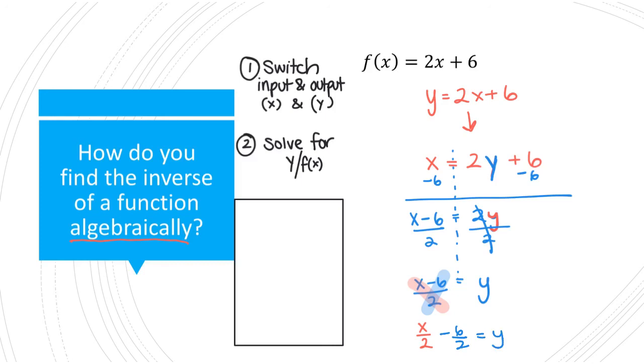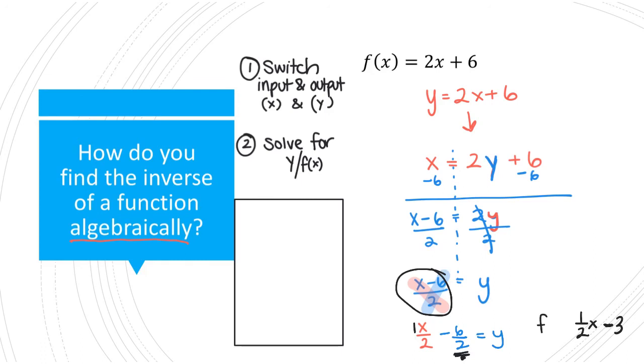Lastly, I could simplify this a little bit further to get a nice final answer. This is really like 1/2 x, and then 6 divided by 2 is 3. Okay, so that's more of a slope intercept, or y equals mx plus b form, but you could leave it, I believe, according to Pearson, I think you could leave it in this above option as well.